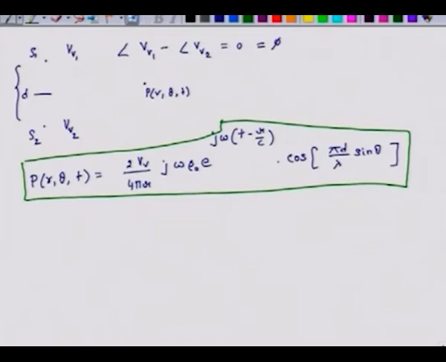In the last lecture, we developed an equivalent relation, and the relation for that is some term which is dependent on radius, omega and time, times sine of 2 alpha divided by sine of alpha, where alpha equals pi d over lambda times sine of theta.